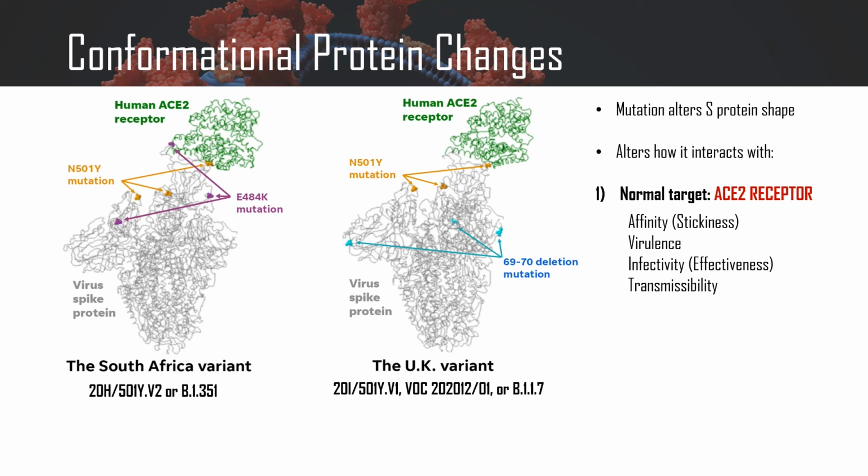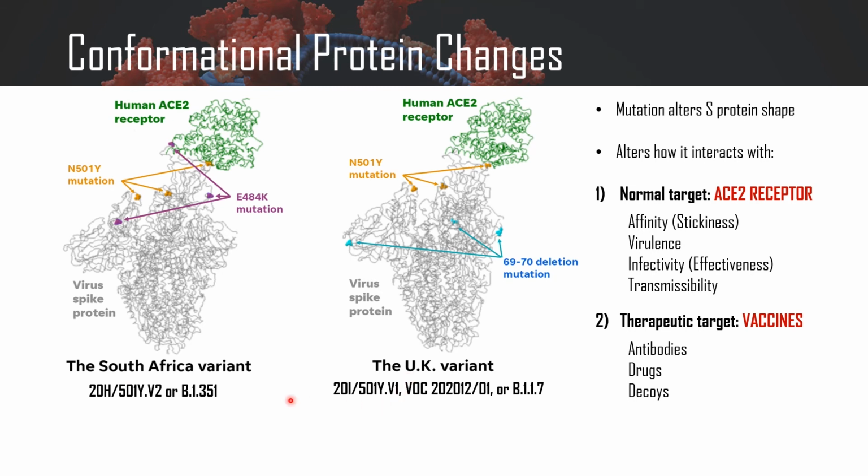That will affect the affinity, virulence, infectivity, or transmissibility. Could be any one of those. As well as that, it will also affect how it interacts with therapeutic targets, such as vaccines, antibodies, drugs, and decoys as well.